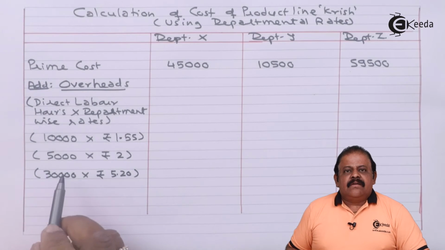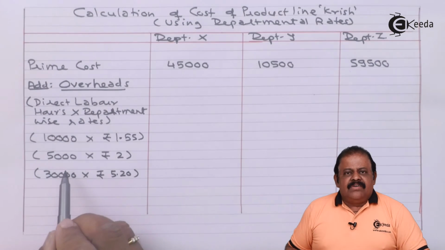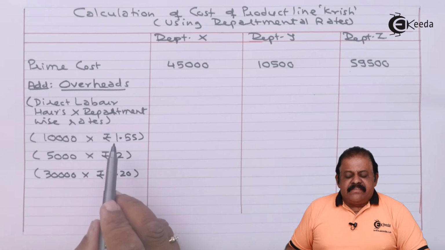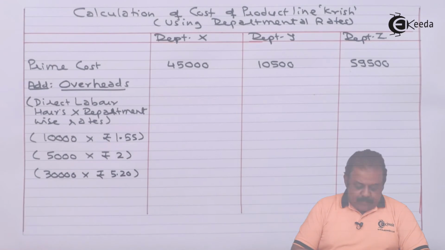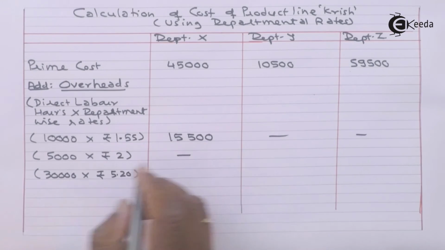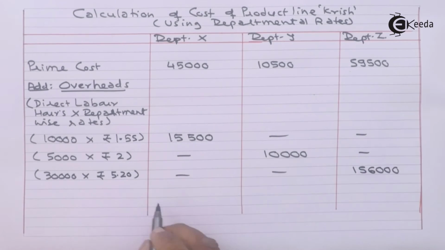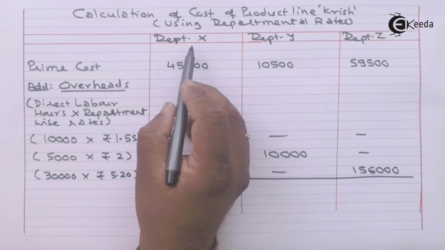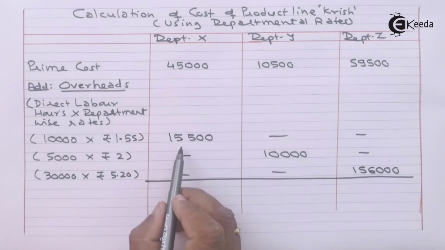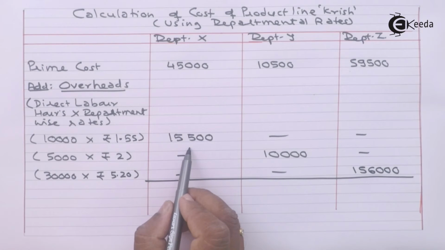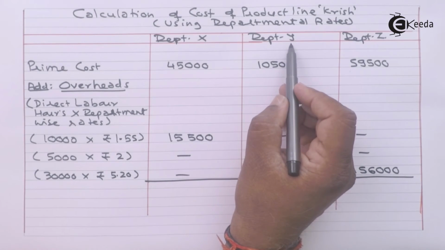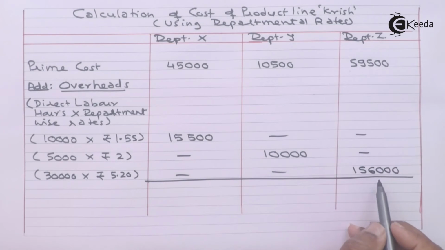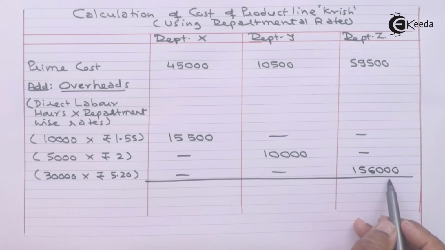So we have taken all labor hours and we'll be multiplying with the department-wise rates we have calculated. Based on department-wise rates, in case of department X, overheads are 15,500. In case of department Y, it is 10,000. And in case of department Z, it is 1,56,000.